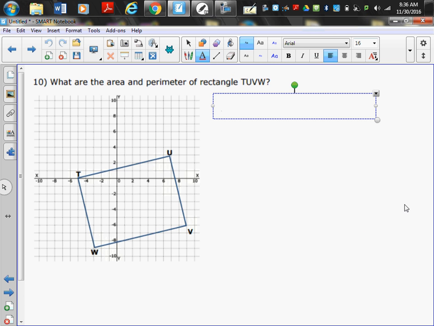So again, we start. We got a new problem. What are the 3 questions that I'm going to ask myself? First one is, what is the shape?